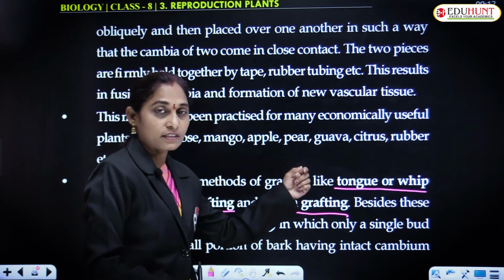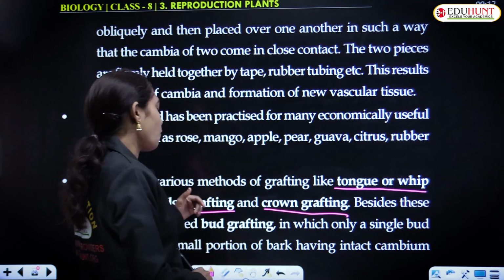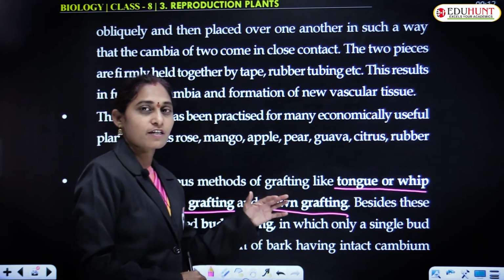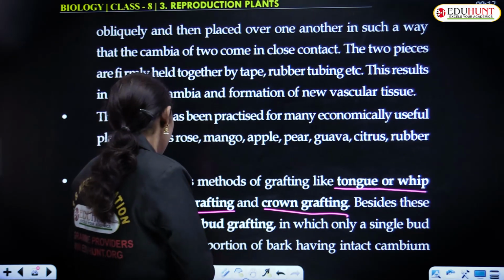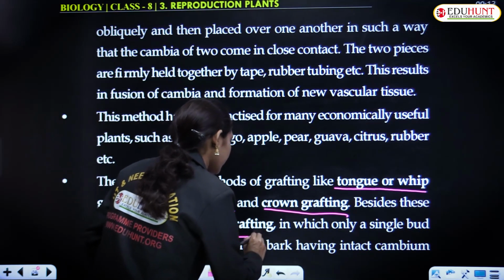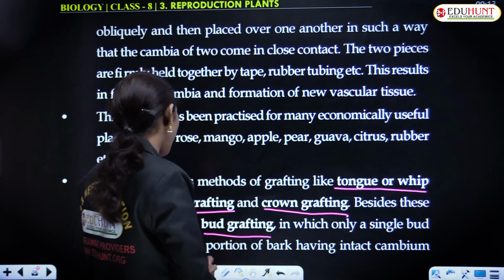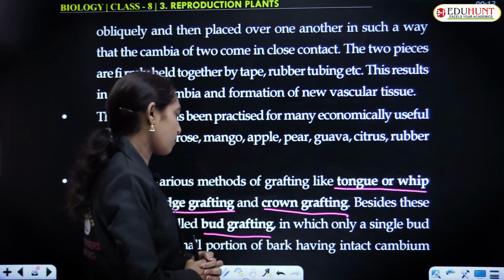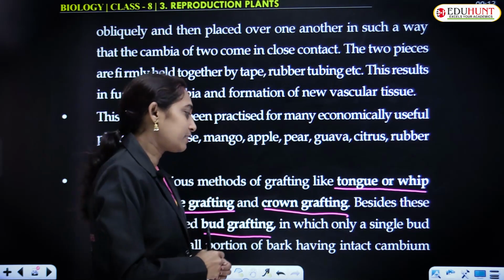The first is the tongue or whip grafting. Second is the wedge grafting. Third is crown grafting. Besides these techniques, a technique called bud grafting is also there, in which only a single bud along with a small portion of stem or bark is inserted near the cambium.